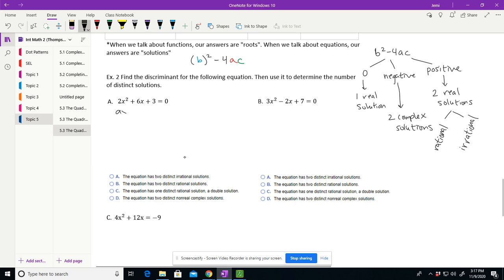So this is written in standard form already. So I can go ahead and identify A, which is 2, B, which is 6, and C, which is 3, and I'll plug it in.